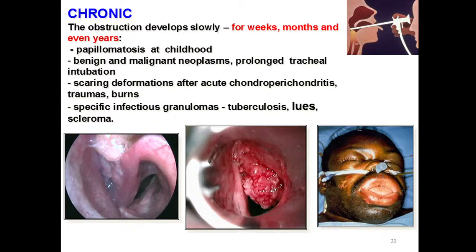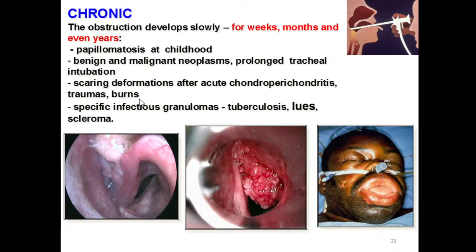Very often this situation can lead to scar tissue formation and narrowing of the larynx due to abundant formation of scar tissue.